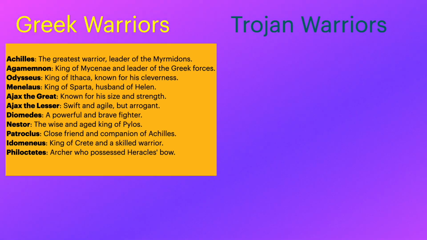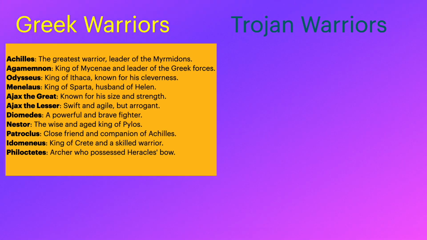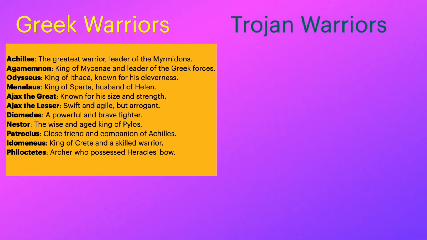The second is Agamemnon, the king of Mycenae and leader of the Greek forces. He played very, very important part. And then Odysseus, the king of Ithaca, known for his cleverness.